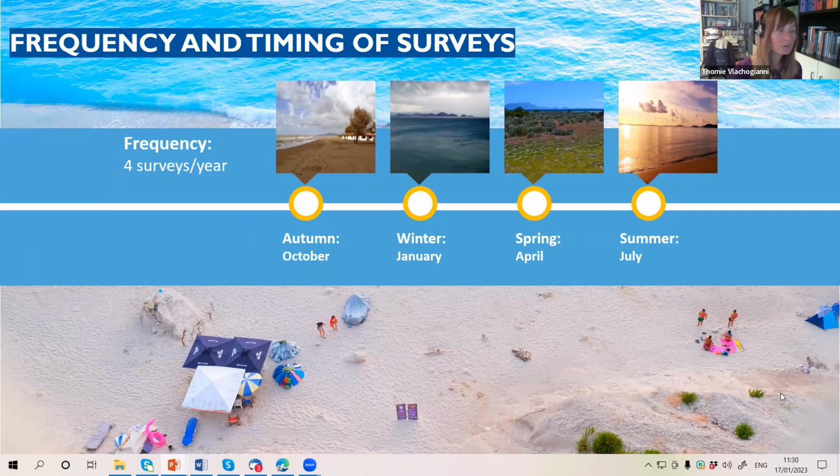Surveying the seasonal variations is, for monitoring purposes, not so interesting, but in some cases it would be interesting for research purposes, for example. The seasonal monitoring of litter has to be conducted over consecutive years in order to establish a seasonal variation of litter densities.